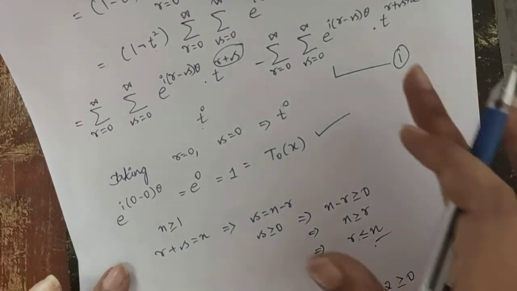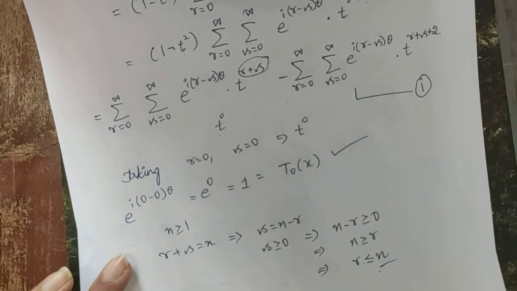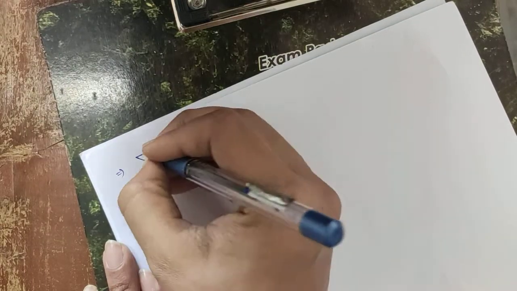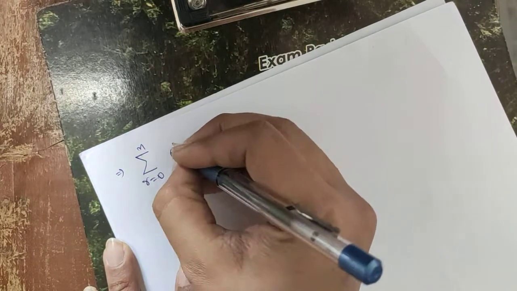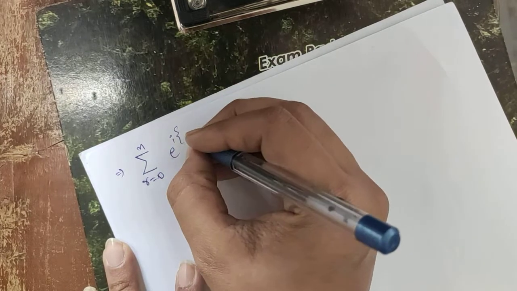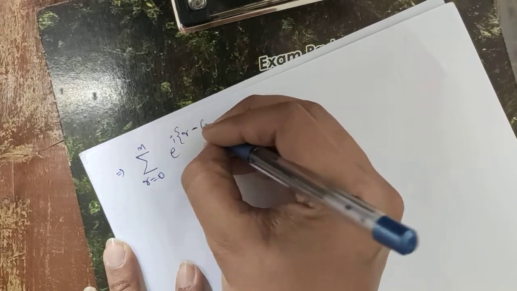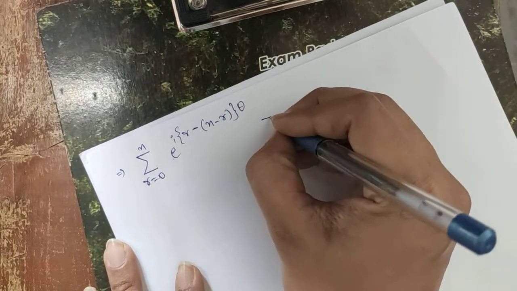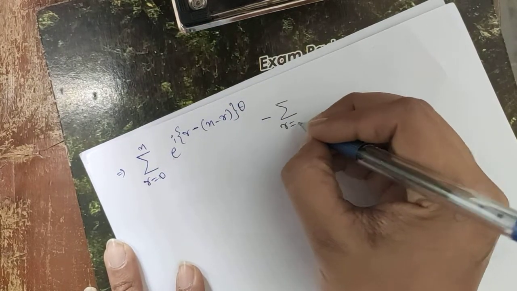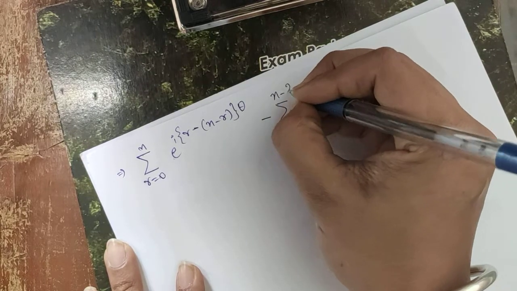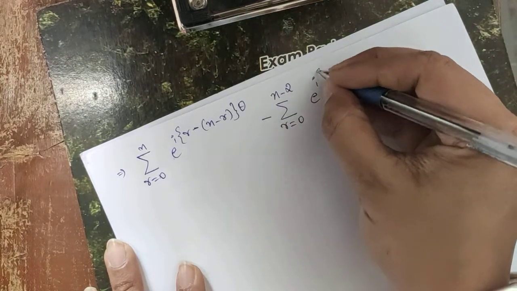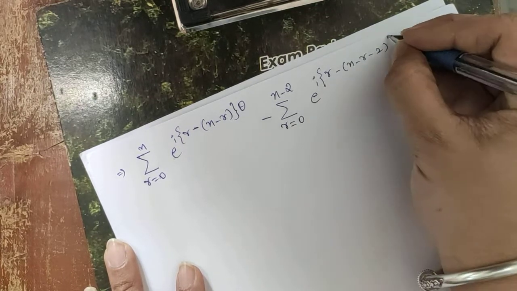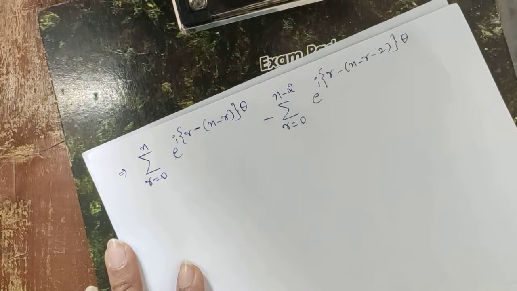Right? So now your equation 1 becomes summation r is equal to 0 to n, e power i(r minus (n minus r)) theta, minus summation r is equal to 0 to n minus 2, e power i(r minus (n minus r minus 2)) theta. Right?